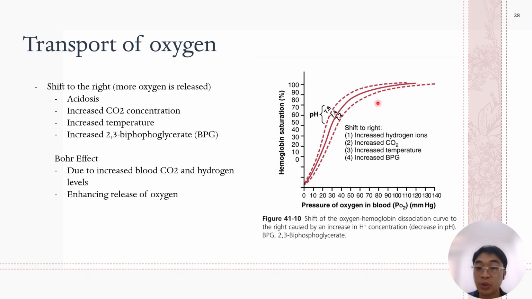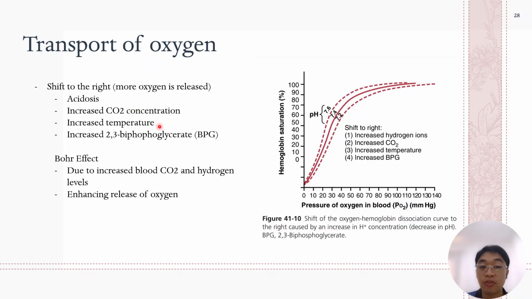This is important to understand because there are actually factors which we call shifting to the right or shifting to the left. So when we say a shift to the right in your oxygen-hemoglobin dissociation curve, it tells you that oxygen is released further to the tissues themselves. Okay, so what are the factors that lead to more oxygen release? It can be because of acidosis, where there is increased hydrogen ions.